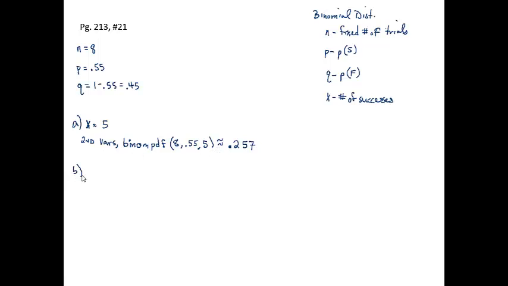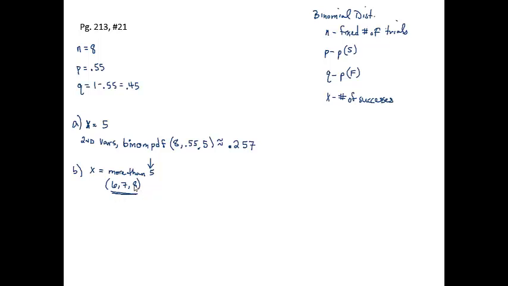Part B says more than 5. So in this case, x is going to be more than 5. And you've got to say to yourself, what's more than 5? Well, it's 6, 7, all the way up to 8, right? So on your calculator, you want to input the 5, because the 5 isn't being included here.